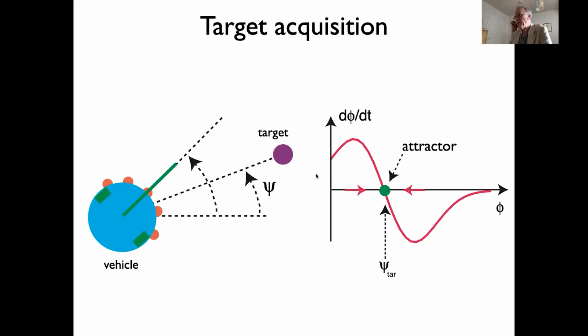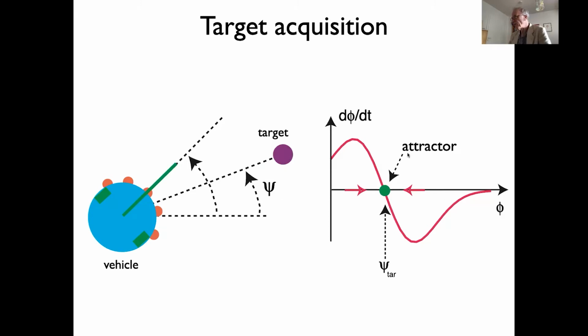So the idea would be that we erect this dynamics, we define it. We build it, in our mathematical model, in a way that it has an attractor at the desired heading, the heading toward the target. So zero crossing with negative slope at that heading would mean that anywhere else we start, we will be attracted to the heading toward the target.